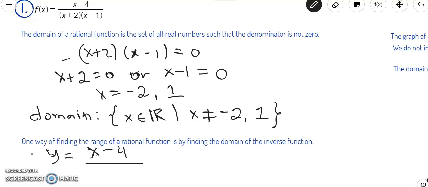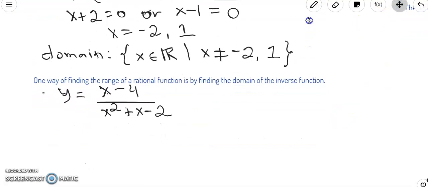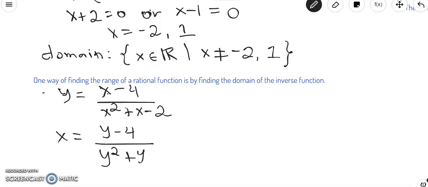So, magiging x squared plus x minus 2. So, kukunin natin ang inverse ng rational function. Pagpapalitin natin ang x at y. So, magiging x is equal to y minus 4 over y squared plus y minus 2.